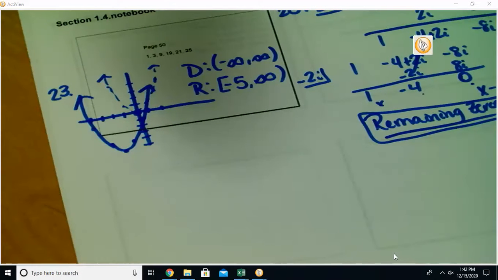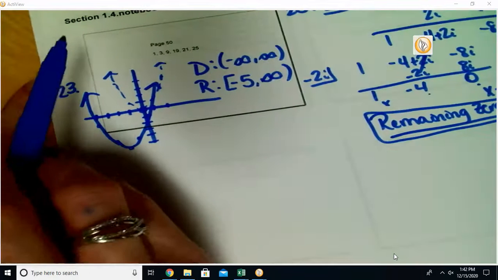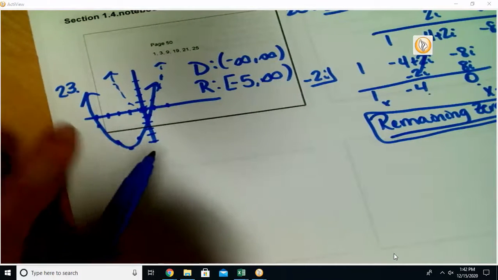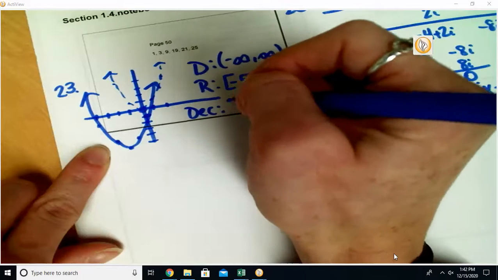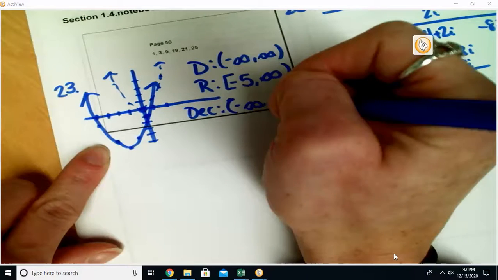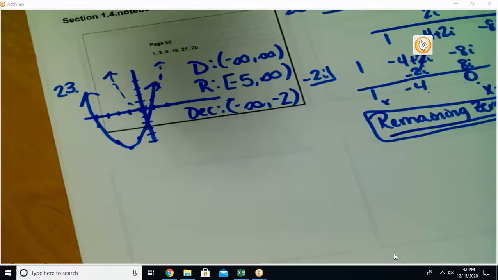Then the increasing, decreasing constant. So as you go from left to right, this first section of my graph is falling, so that would be decreasing. You list the x values, so it's coming from negative infinity and stopping at negative 2. Technically, with increasing and decreasing, it doesn't matter if you do a parenthesis or a bracket.